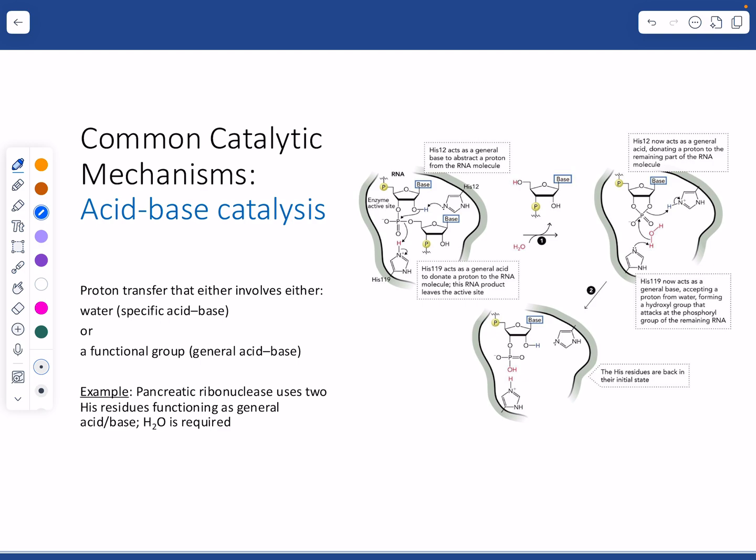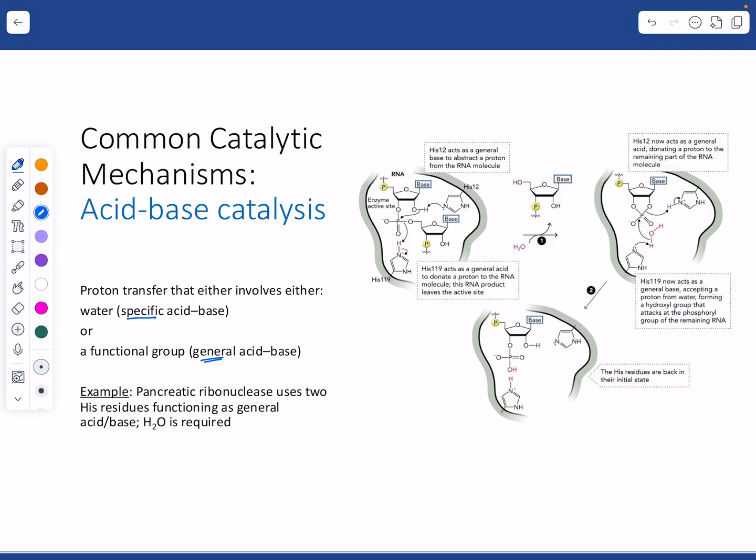All right, so let's look at an example of acid-base catalysis and see how we can recognize it and how it actually works. So, again, it's going to involve either water, which would be specific acid-base catalysis, or a functional group, which would be general acid-base catalysis. So we're going to look at the example of pancreatic ribonuclease.